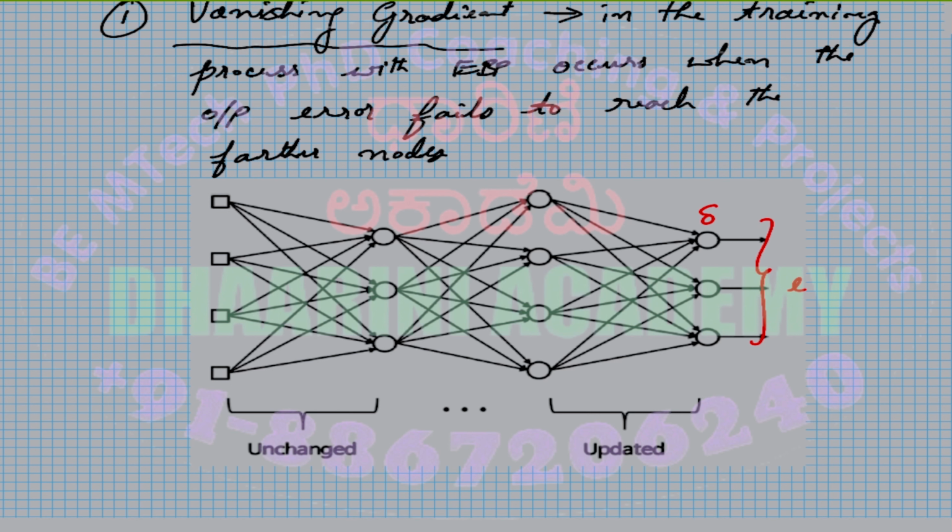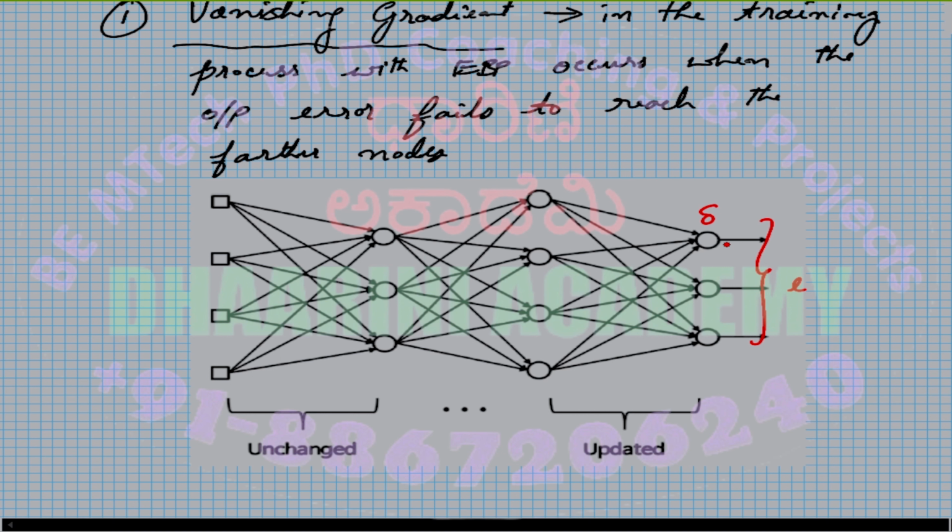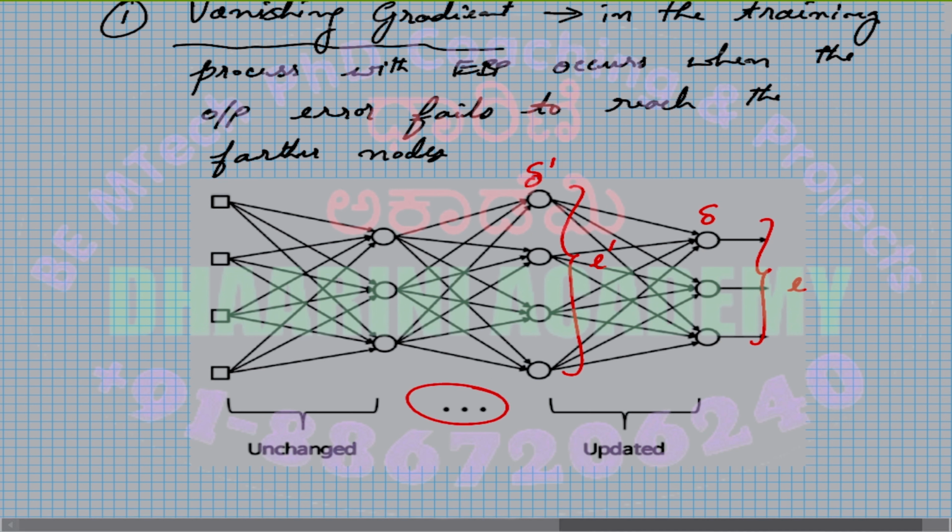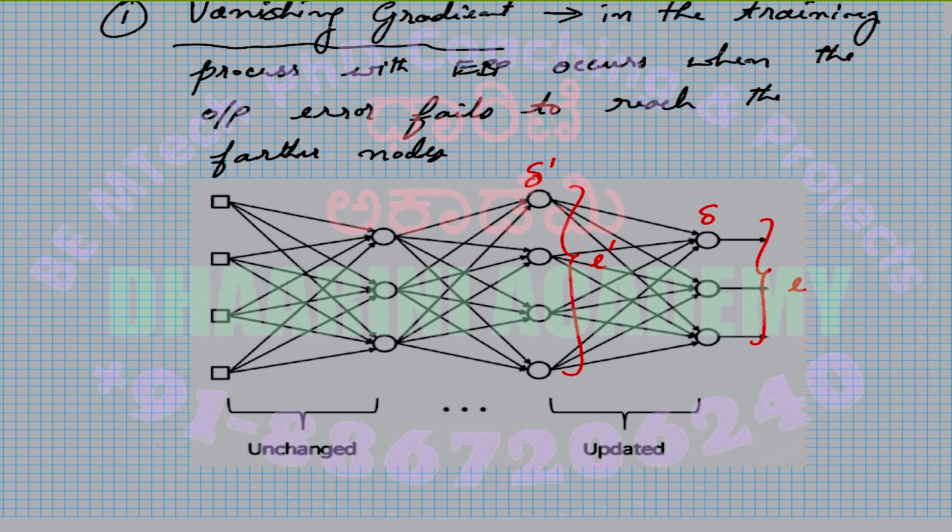I hope it is fine, right? Now this delta will be used to calculate the errors over here, so this will be delta dash, E dash. Now, you have many layers like this. You can see the dot dot dot indicating that there are many such layers.